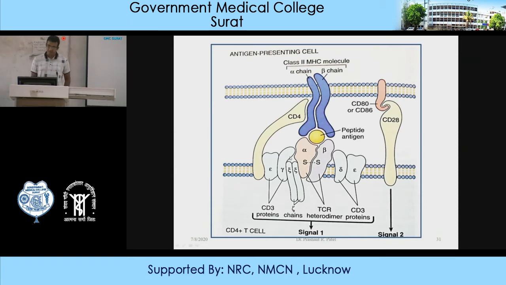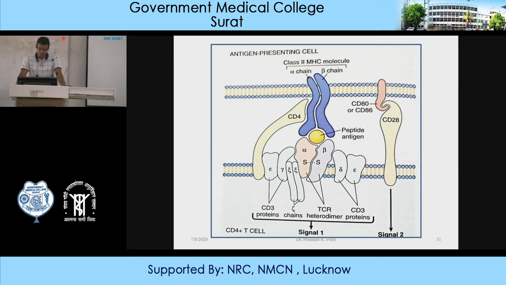Apart from these chains, coreceptors are present on T cells, namely CD4 plus and CD8 plus. Whenever the coreceptor CD4 is there, the cell is known as a CD4 plus T cell, and if the coreceptor is CD8, the cell is known as a CD8 plus T cell. This coreceptor is again required for signaling during antigen binding.